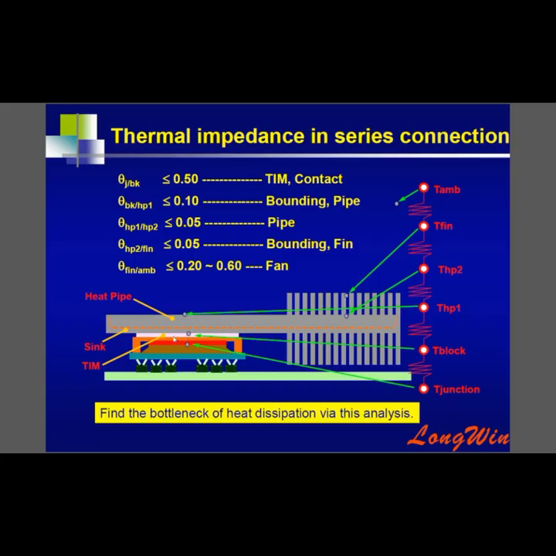And the heat passes through the gray part, which is the heat pipe or the cooling fin. And then the fan will blow the wind and dissipate the heat to the ambience. So here we can see from the right hand side, this is how the heat transfers, just like the electrical resistance put in series.